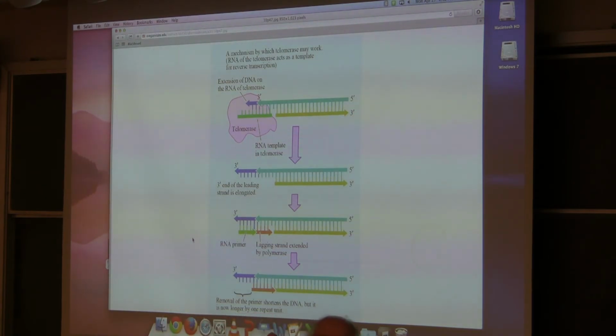With a linear DNA, it can't do that, because that would mean it would be starting a DNA at the end. And it can't do it. Consequently, every time a eukaryotic linear DNA is replicated, a little piece of DNA at the end is lost.